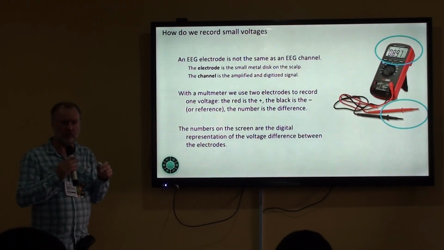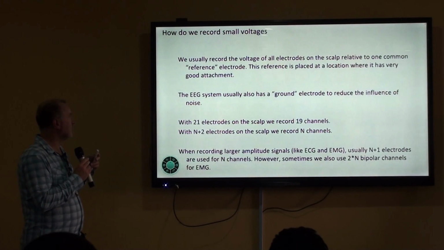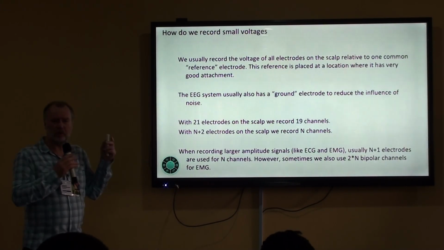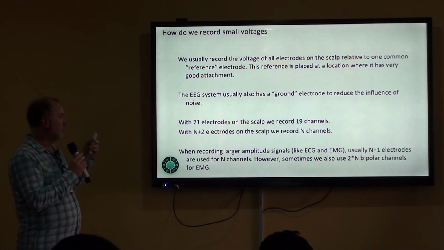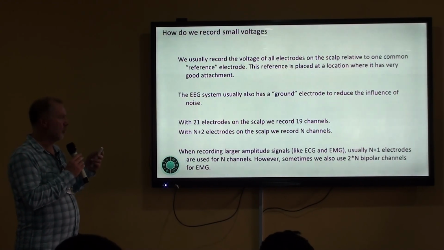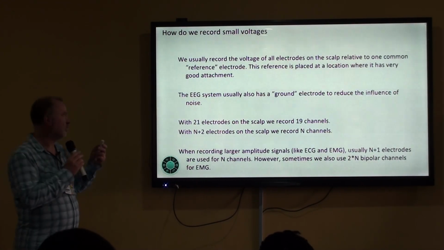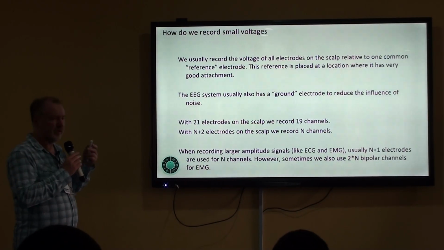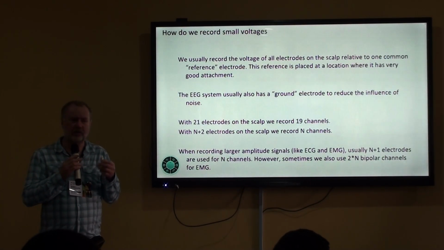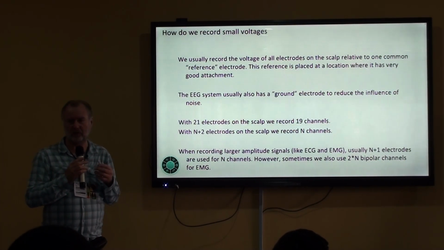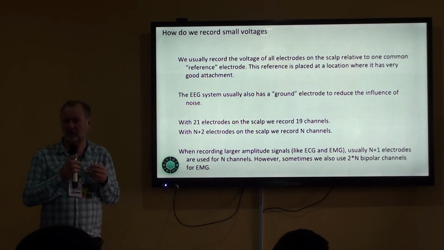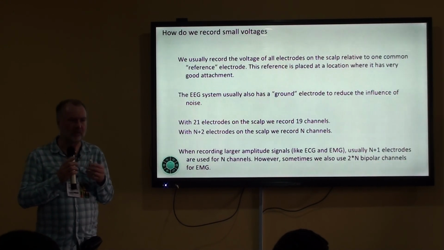So with EEG, we always talk about voltage difference. We usually record the voltage of all electrodes on the scalp relative to 1 common reference electrode. And this reference electrode therefore influences the difference that we see on all electrodes. If the reference electrode is bad, all channels are going to be bad.